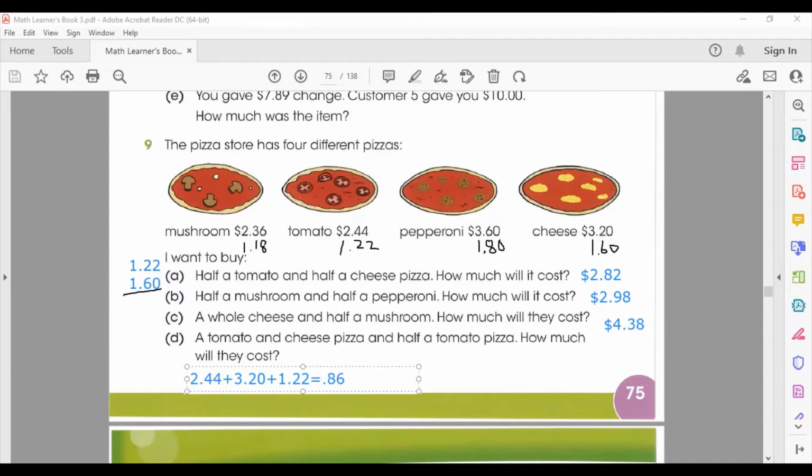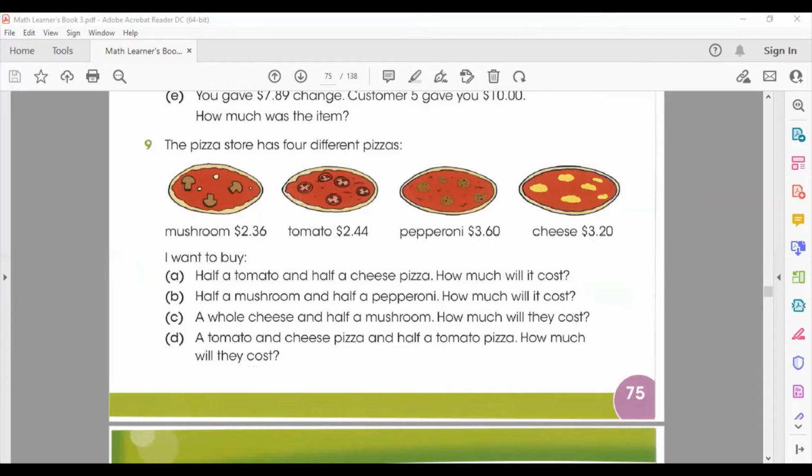These are cents. Now we are talking about dollars. $6.74. Price for these three pizzas.